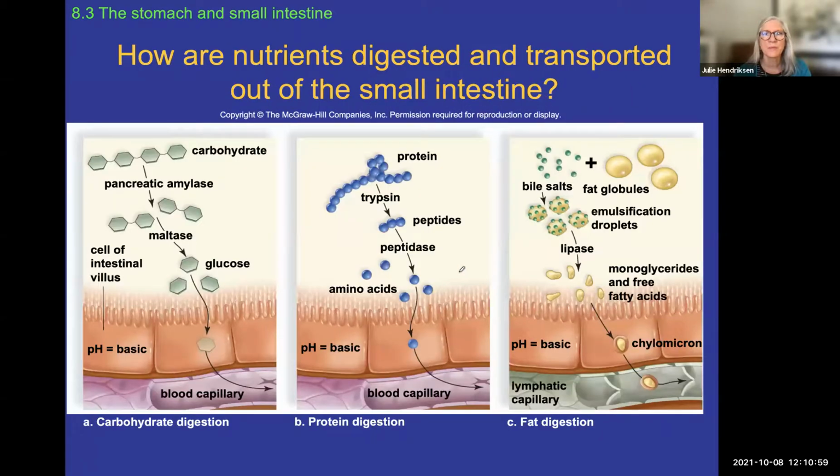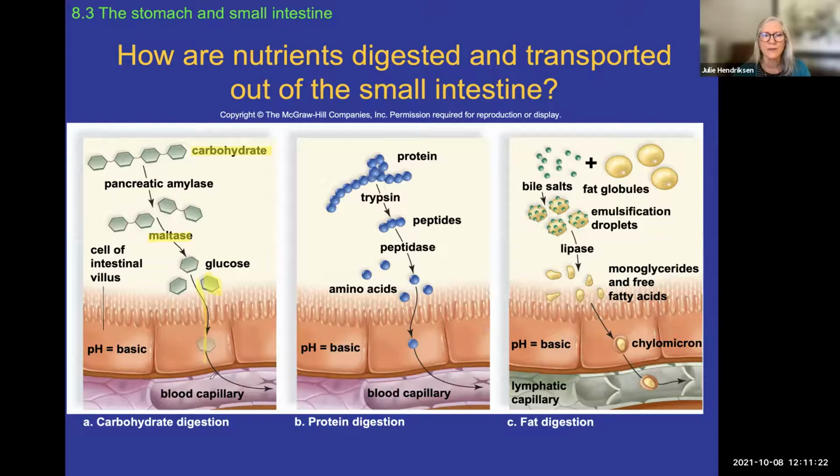The subunits that are being absorbed, you don't need to memorize all of these, but to see as an example, we start with carbohydrates that are bigger molecules. We'll call them, remember, larger complex carbohydrates. They're broken down by enzymes like maltase that breaks down maltose. And then the glucose is what's absorbed across the tract.